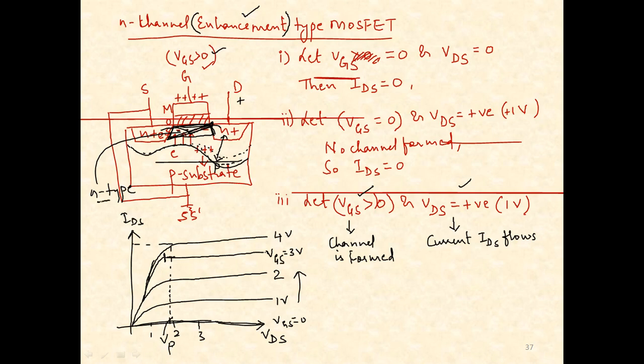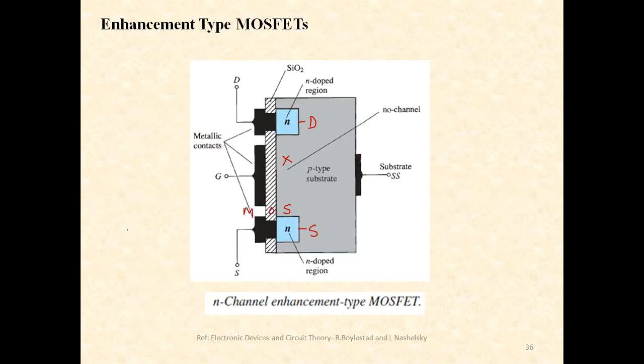It is of N type, because electrons are there. The number of electrons are far more when compared to the holes present in the channel. I am talking only about the channel region. So we call it inversion. The semiconductor has got inverted from P type to N type. So that phase is called inversion. You will have to remember these things.